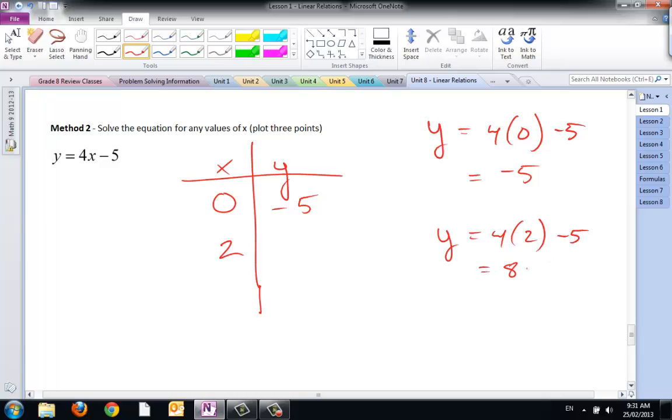So that's 8 minus 5. That equals 3. And if I want to, I could pick something like, well, let's say I could pick -1. Any value will do. It doesn't really matter which ones you pick. And so that gives me a value of -9.